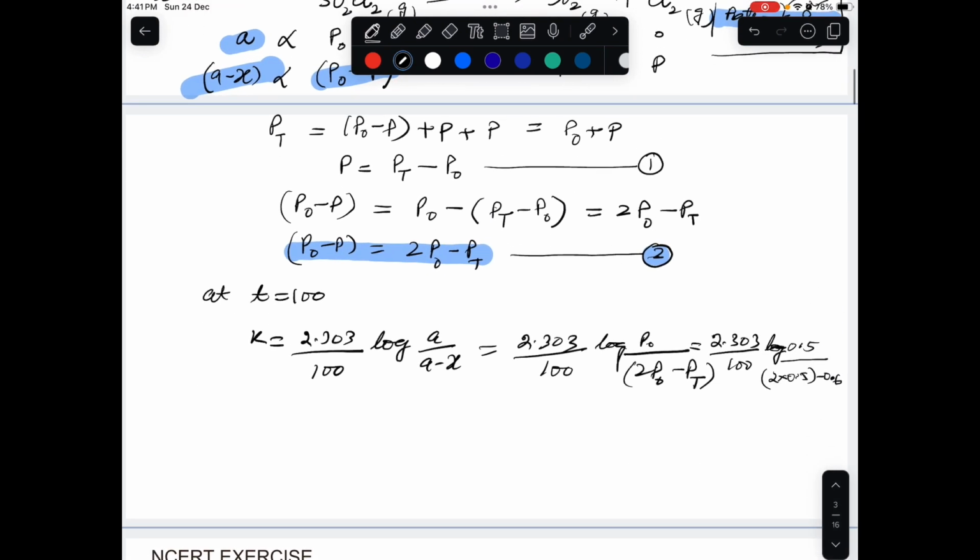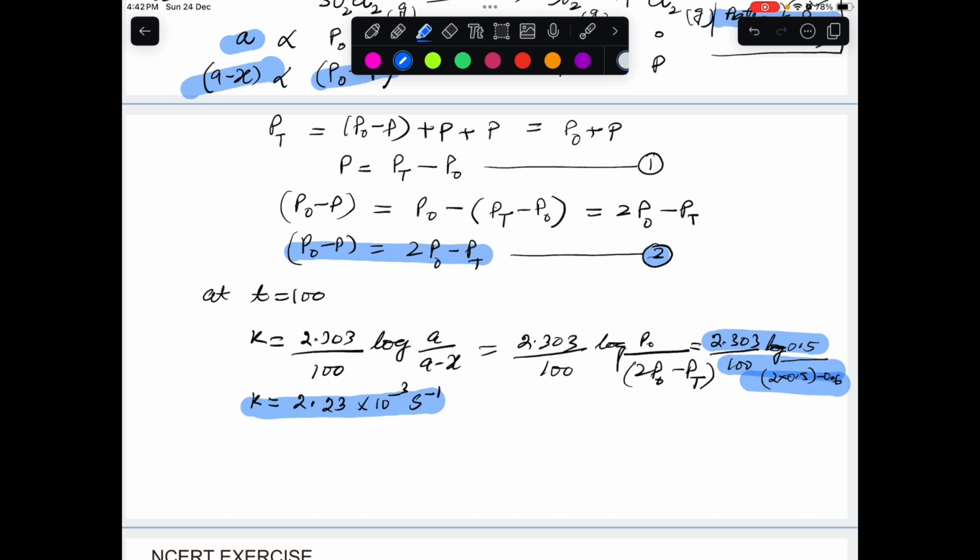After simplification, the value of K which we obtained here is 2.23 into 10 raised to the power minus 3 per second. This we will get after doing the calculation from here.